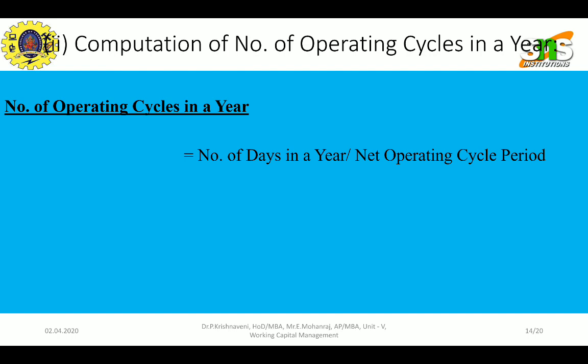Go to the formula: number of days in a year, 360 days, divided by net operating cycle, which we already found, that is 90 days. Finally you get 4. Number of operating cycles in a year is 4.